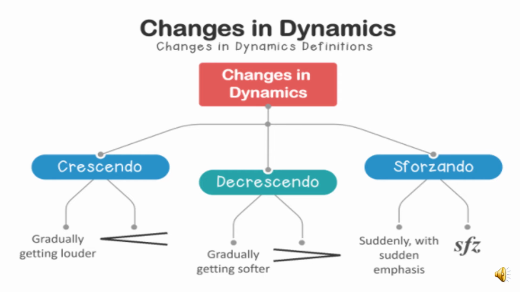So that sound is going to be a sudden burst of volume. There's not a gradual process. It's sudden. It's abrupt. And so that symbol is SFZ. So students are able to see these symbols in music, recognize what their meanings are, and then apply them as they sing or they play in music.